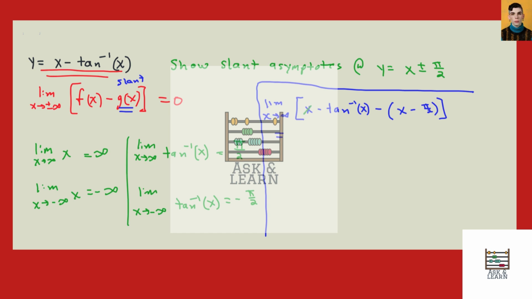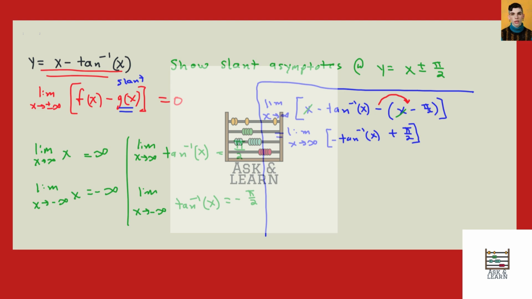So here the x's will cancel out, and we'll be left with the limit as x approaches infinity of negative tangent inverse x plus pi half, because this negative here gets distributed to that.